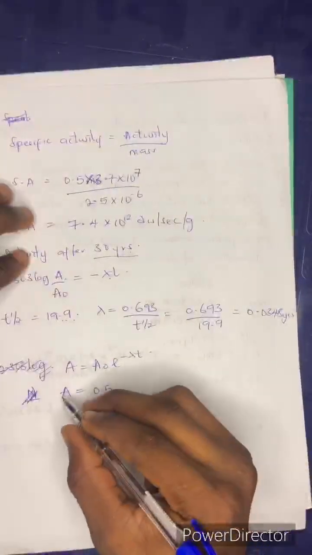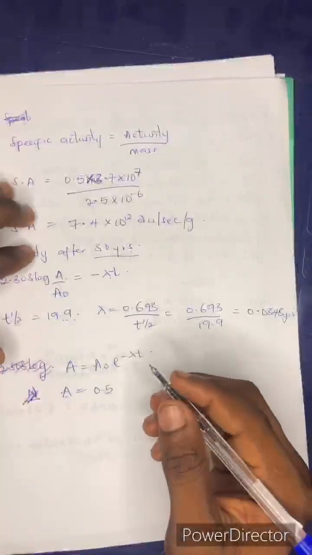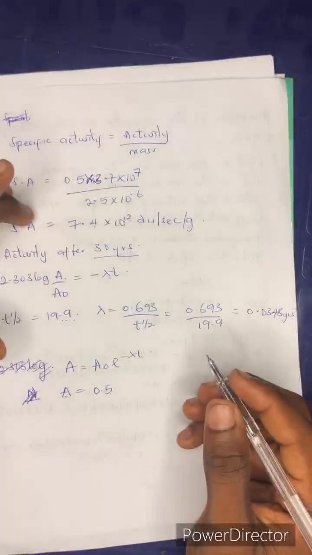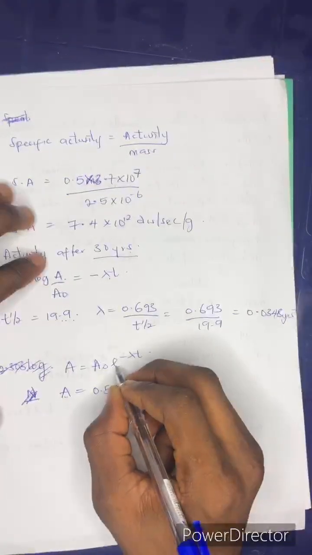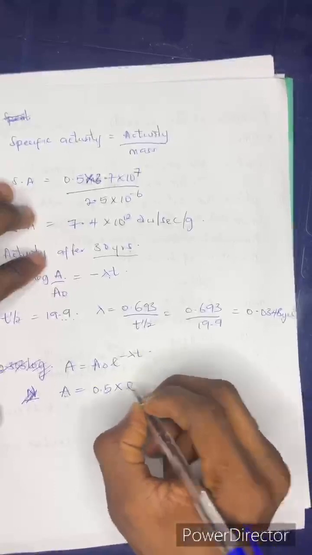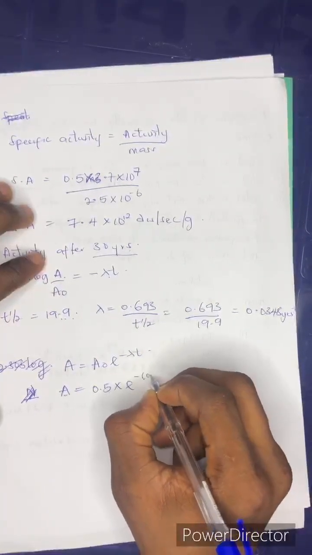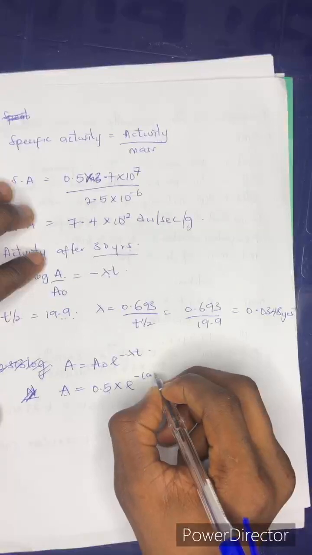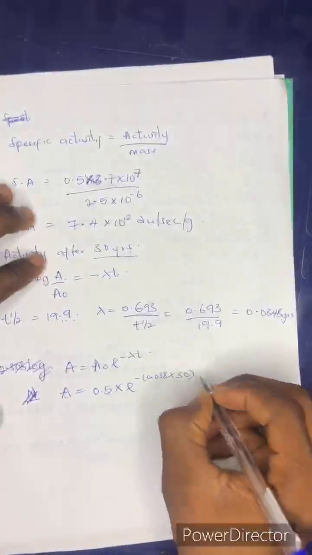Whatever you get now, you need to also be in millicurie for A. So you don't need to convert millicurie to disintegration per second. So 0.5 times exponential of minus 0.038 times 30 years.